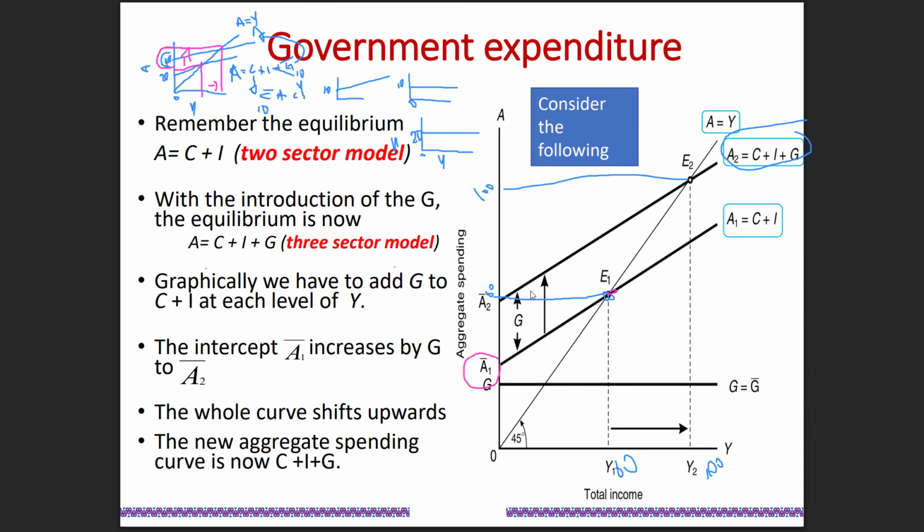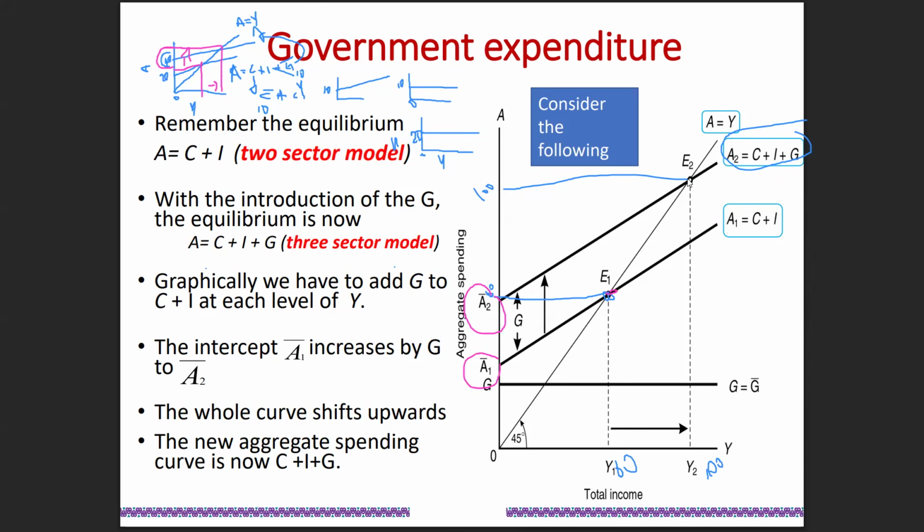Now we introduce the government, and obviously our autonomous components increase. Now we have autonomous consumption, autonomous investment, and autonomous government expenditure. So from this autonomous aggregate expenditure, we add the autonomous government expenditure, and we get A2. Our graph increases from A1 to A2.